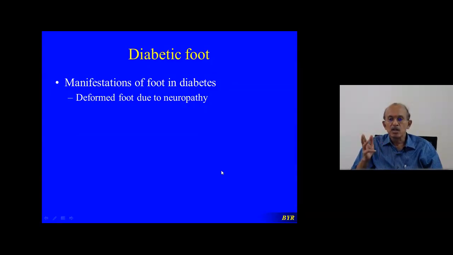So there will be vascular changes as well as neurological changes. Both these changes contribute to diabetic foot formation. The manifestations in diabetic foot are, number one, deformed foot due to neuropathy, then chronic ulcers, and gangrene. So these are the three manifestations.